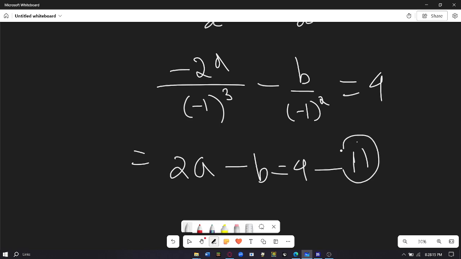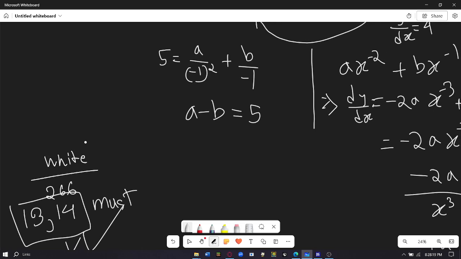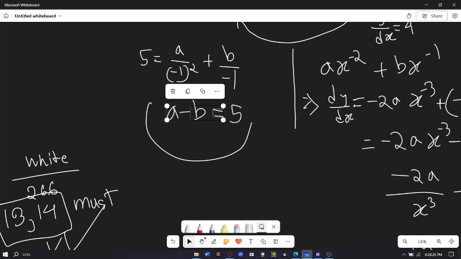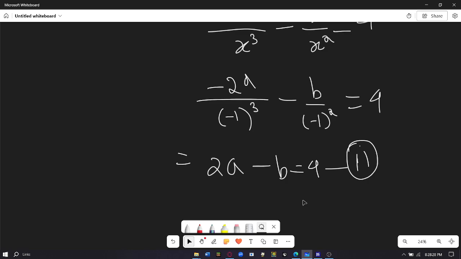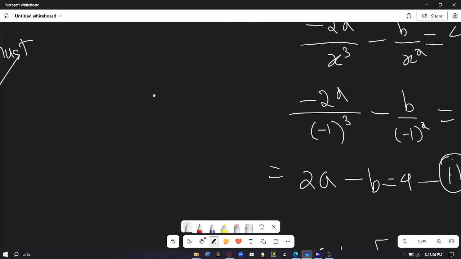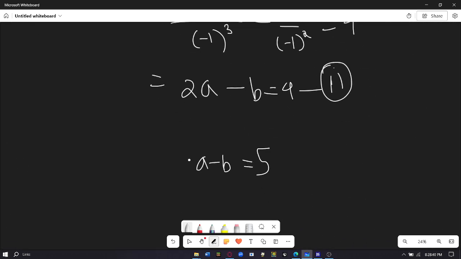Okay, we have our two equations now. It's this one and the one we did before, which is this one. Let's lasso this bad boy. Right? Yep. Now we just do basic substituting.